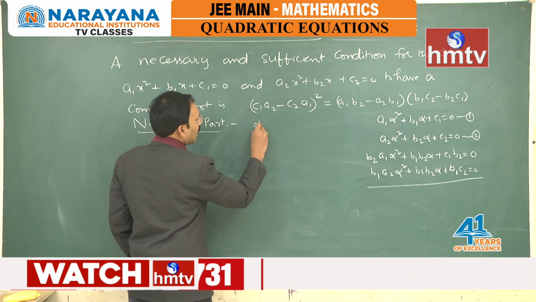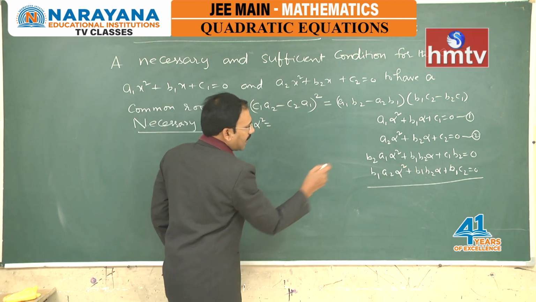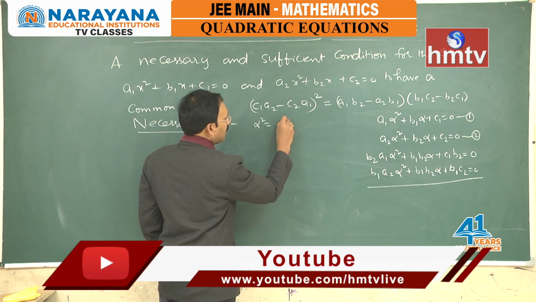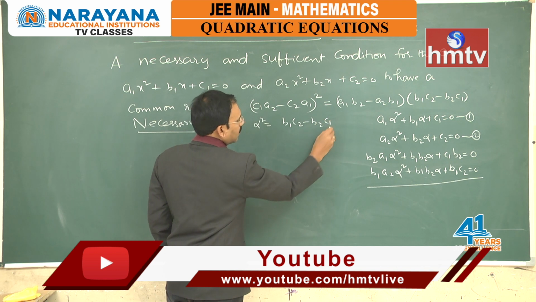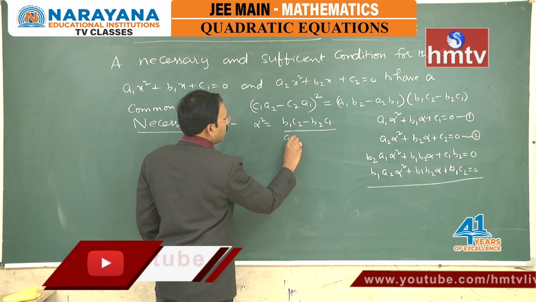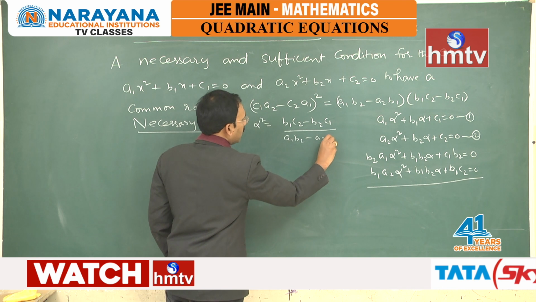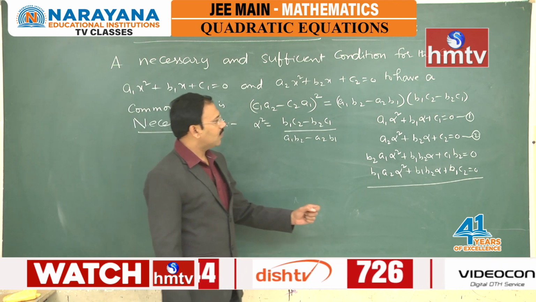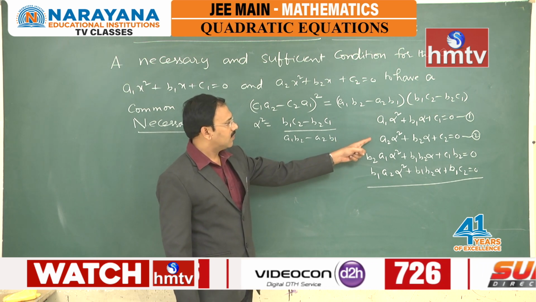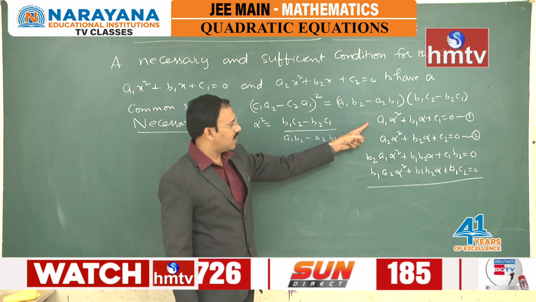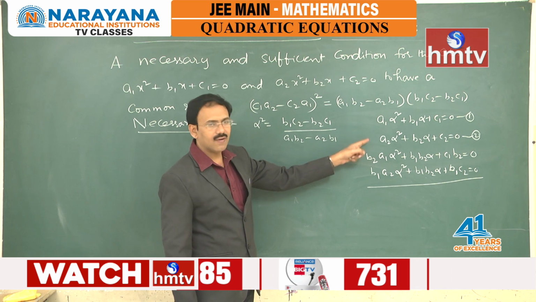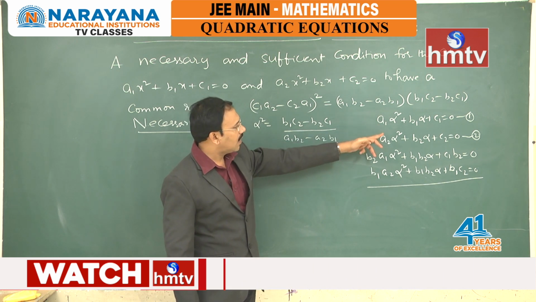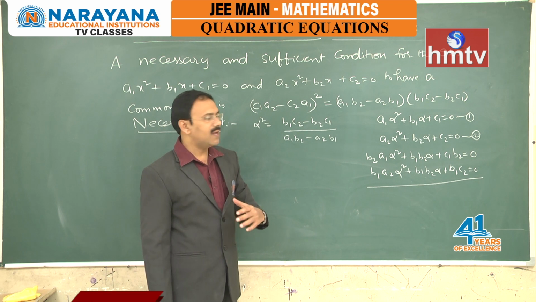So, you will get alpha square as (b1 c2 minus b2 c1) by (a1 b2 minus a2 b1). Similarly, now we can eliminate the first term. You multiply the first equation with a2, the second equation with a1, then subtract, then the alpha square term will be eliminated.